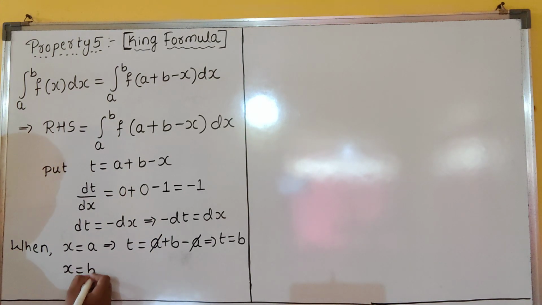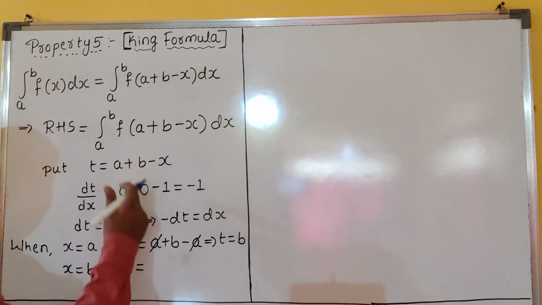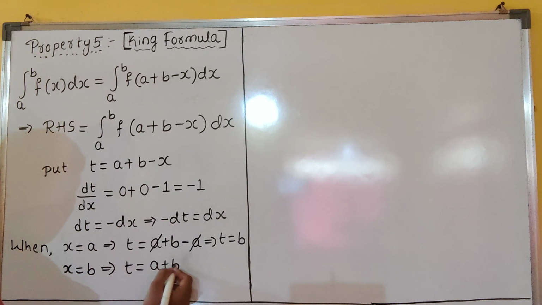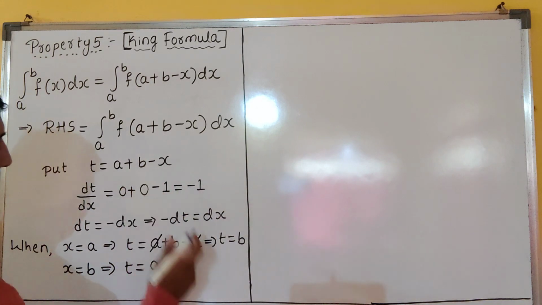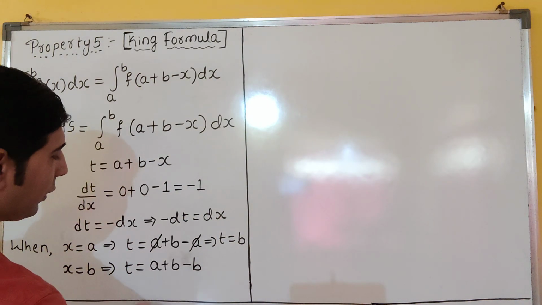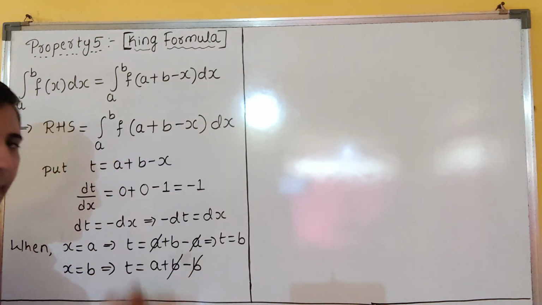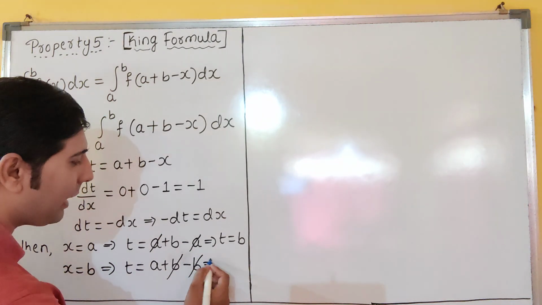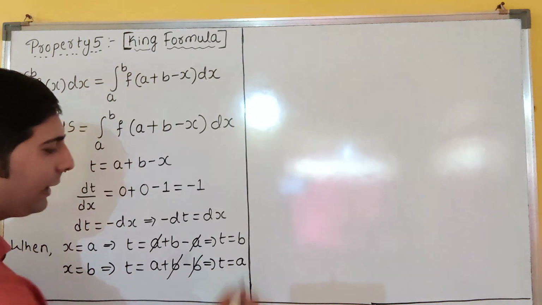When x is equal to b dear students, what will happen? T is equal to a plus b as it is, minus I will write as it is. What is the x value? Upper limit is b. So you put here in this x, b I will put. So what you will get? Plus b minus b get cancelled. So t value will become a dear students.